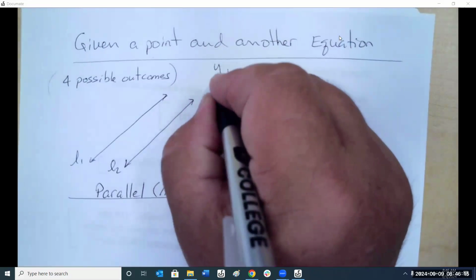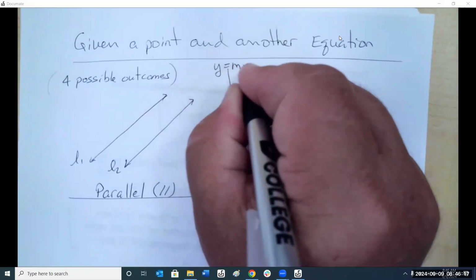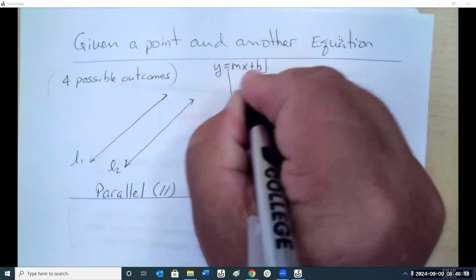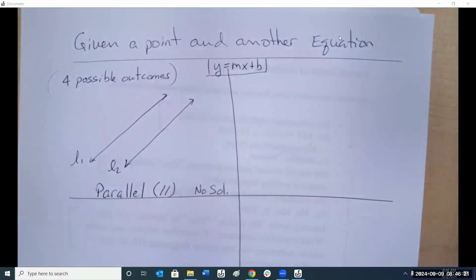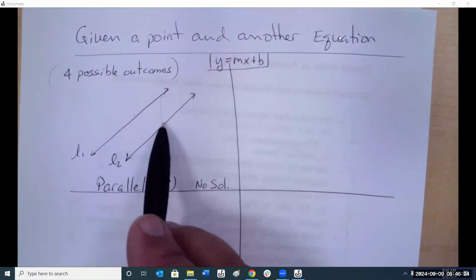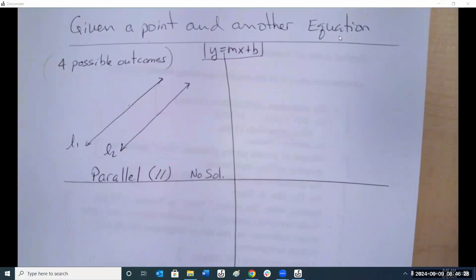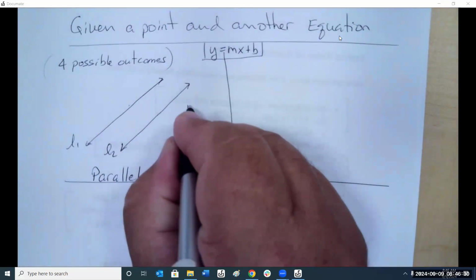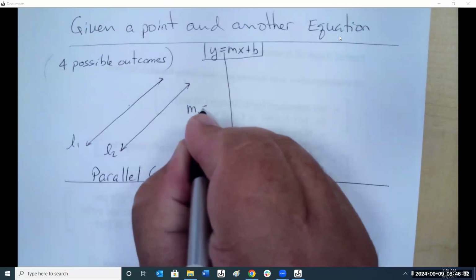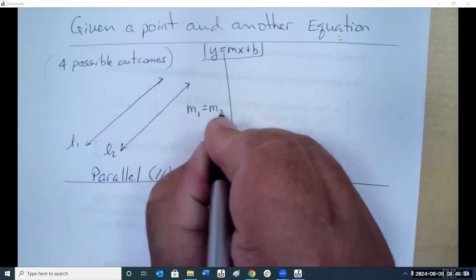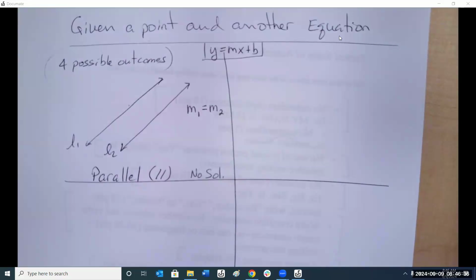Remember, we're talking about lines. So when we're talking about lines, we have this equation we've got to use. Using that equation, what do we know about both of these lines? They have to have the same slope. So the slope of line 1 equals the slope of line 2. What else do we know?